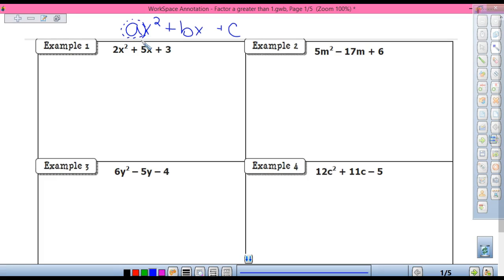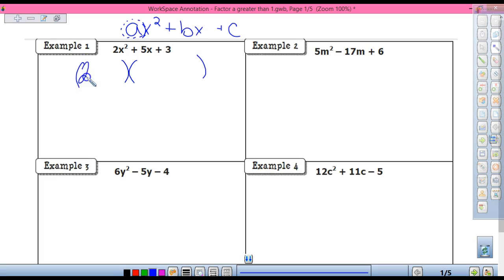Now, the reason why today can get pretty frustrating is because most of this is guess and check. Okay? So there's only one correct answer, but there's a bunch of different possibilities that you just have to keep checking to see which one is the right one. Okay? So we started with our two sets of parentheses. What do I multiply together to get to 2x squared?